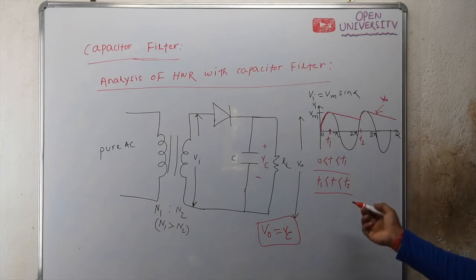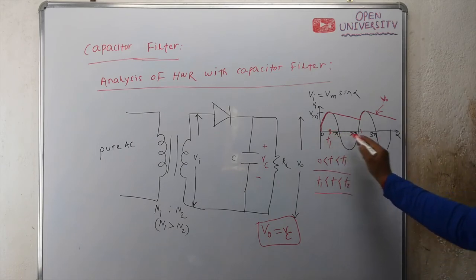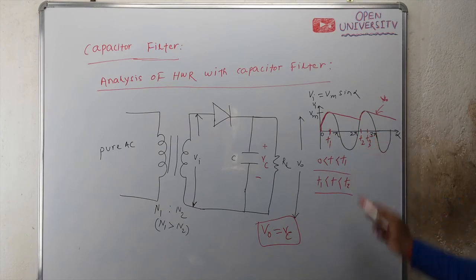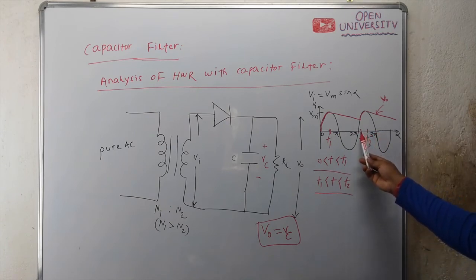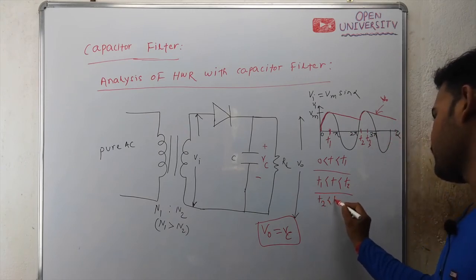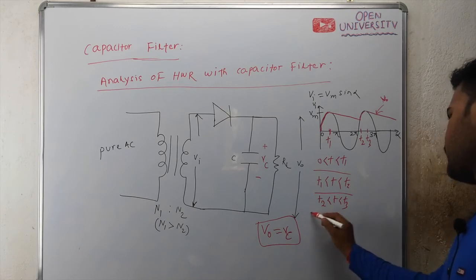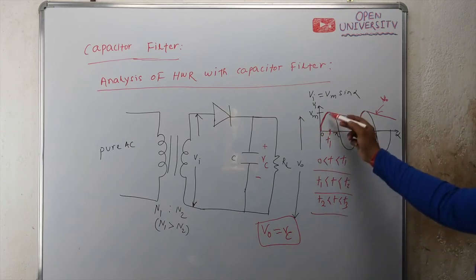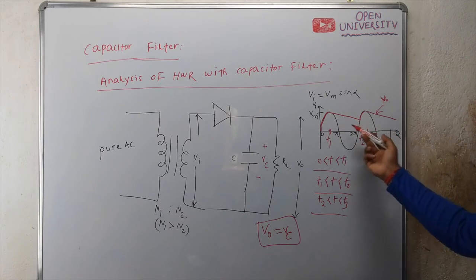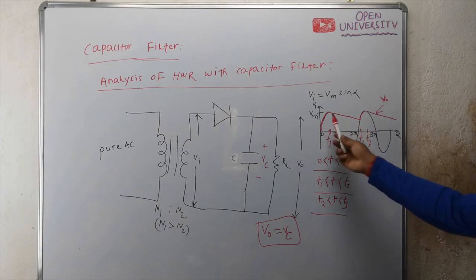Now let this be T3. From T2 to T3 again the capacitor will charge. From 0 to T1 the capacitor will charge, and from T1 to T2 the capacitor will discharge. Why is it taking more time to discharge?